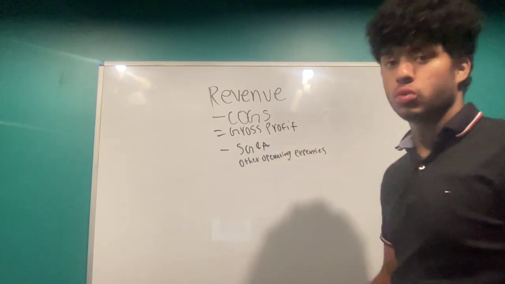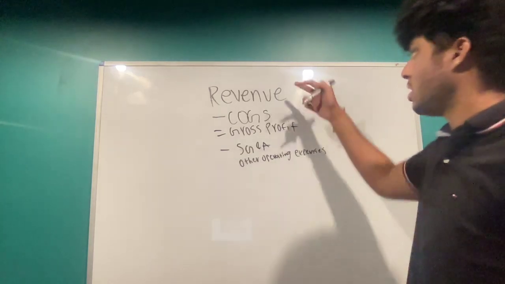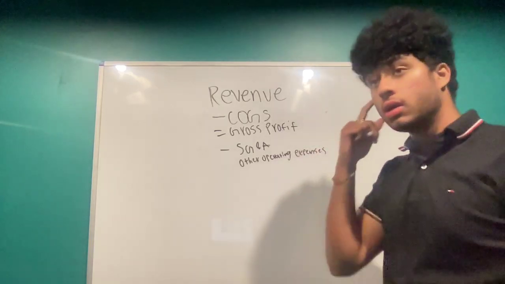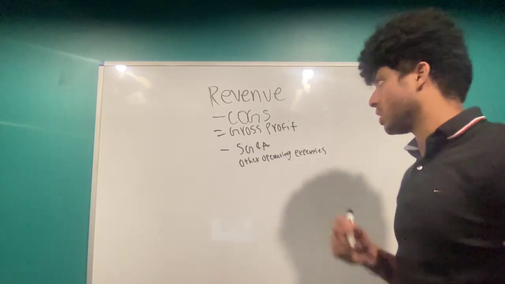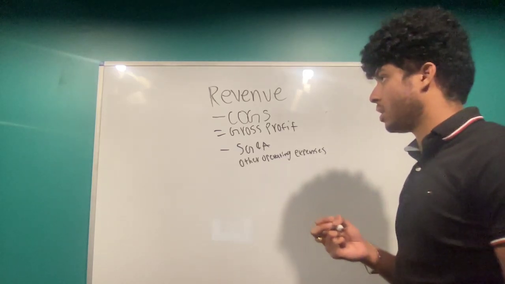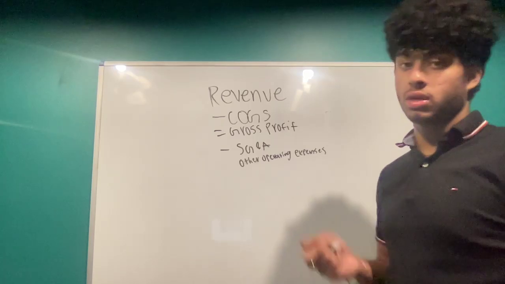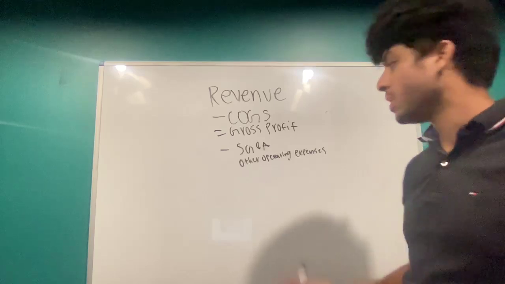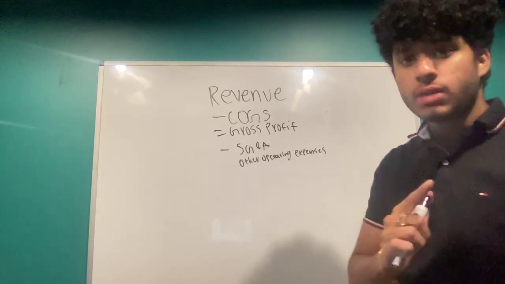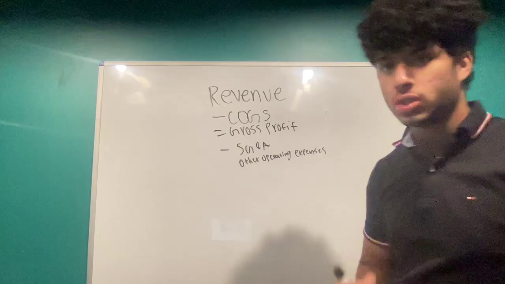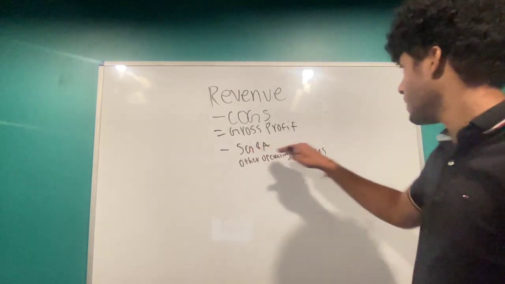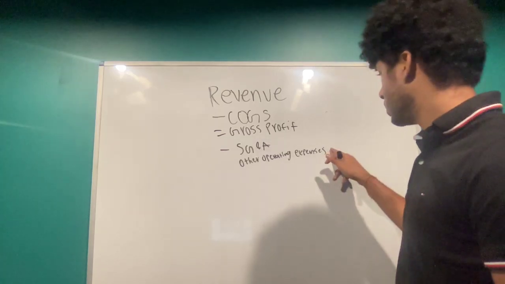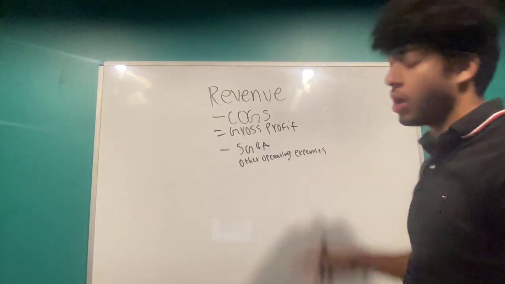These could include paying wages of workers not making the actual good or service. This could include marketing expenses. This could include, for example, general overhead expenses. This could include investment in R&D, research and development, etc. And sometimes you'll see D&A, or depreciation and amortization, listed as a separate line item on the income statement. But for our purposes, we'll just conclude that it probably falls under other operating expenses.